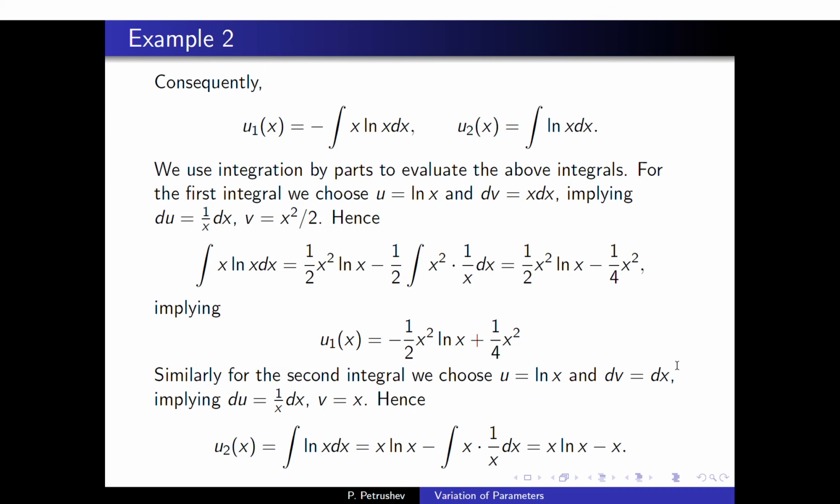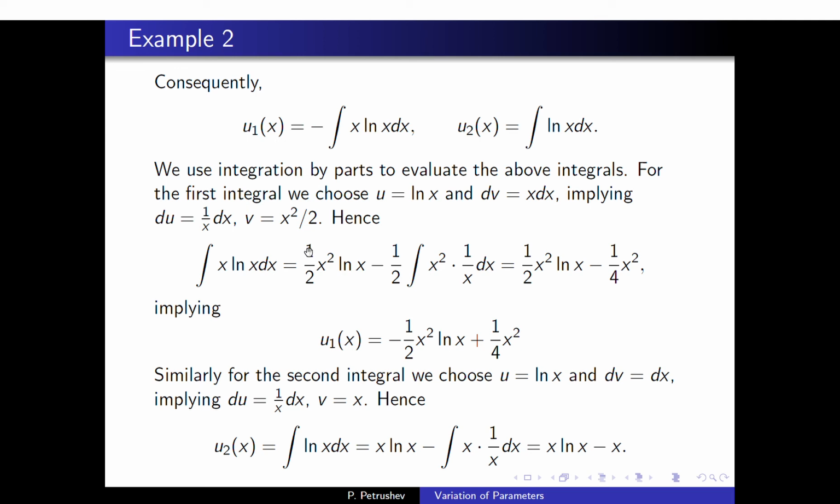And it remains to integrate. The two integrals are not completely obvious, but they are doable. In both cases, we are going to use integration by parts. For the first integral, we choose u equals logarithm of x, dv is x dx, therefore du is 1 over x dx, v is x squared over 2.